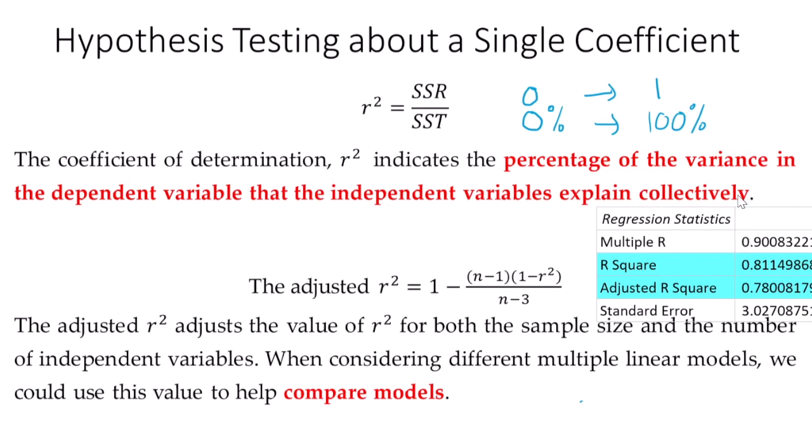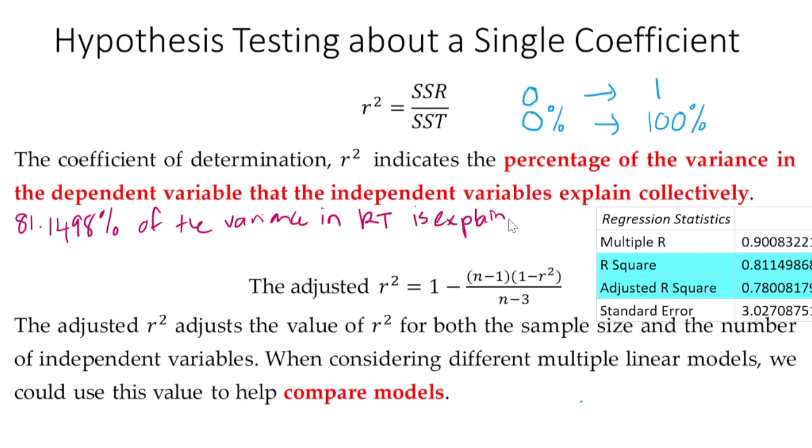Okay, I would write it out for us. 81.1499% of the variance in y, the dependent variable, or in our case reaction time, is explained by all of our independent variables.